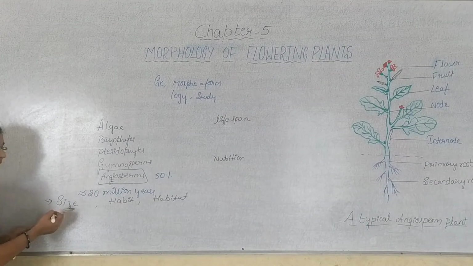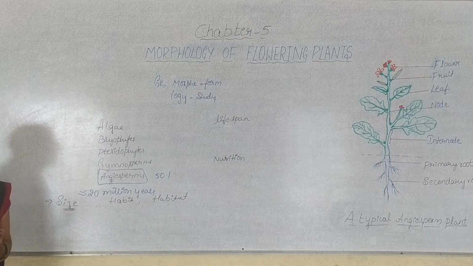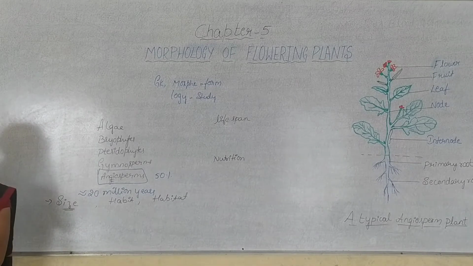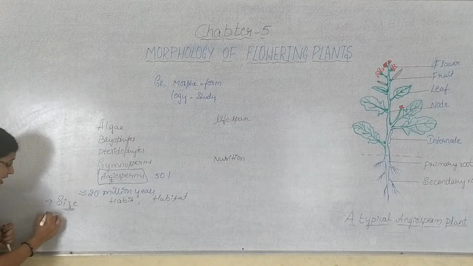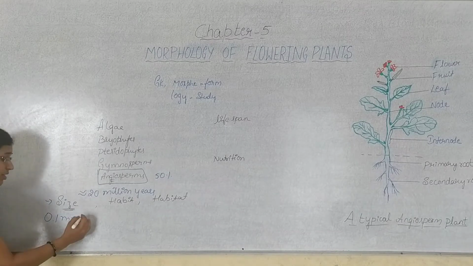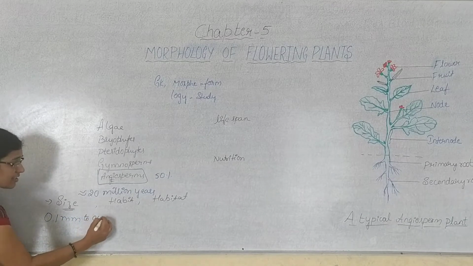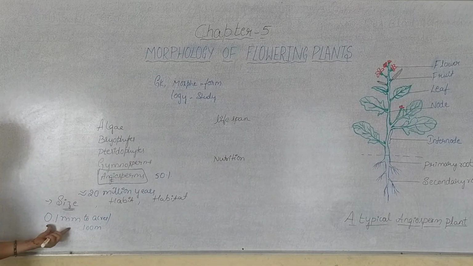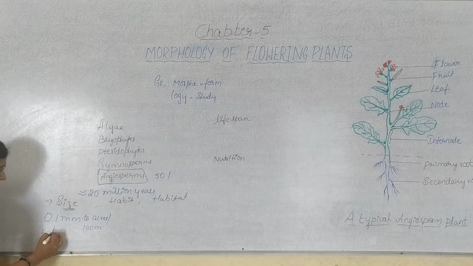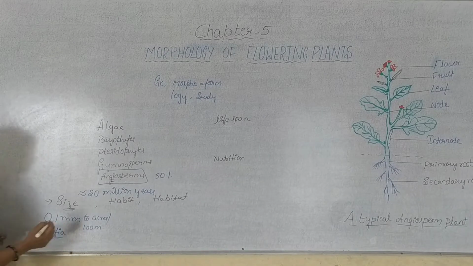the size of the angiosperms varies between 0.1 millimeters to several acres or hundreds of meters. Even for the smallest angiosperm, the example is Wolffia.